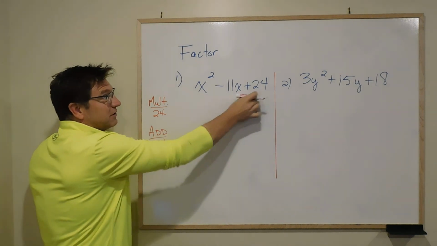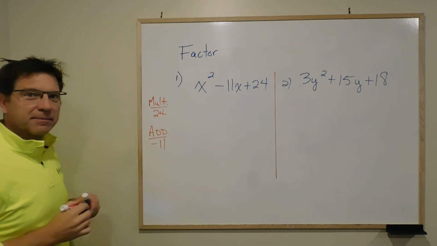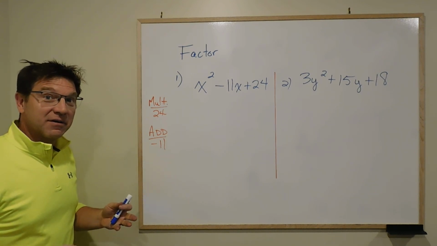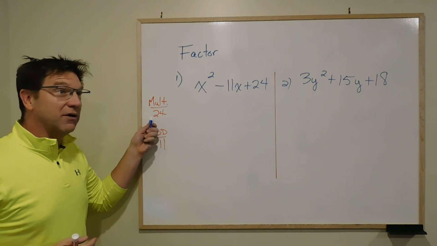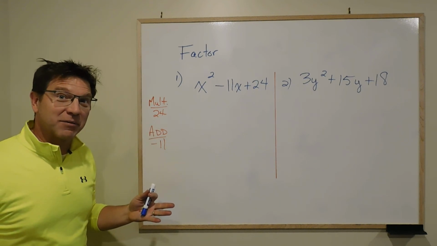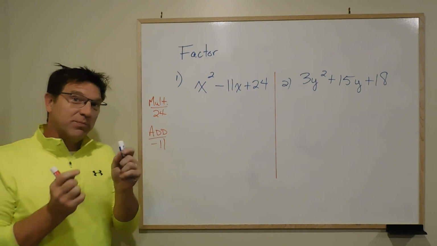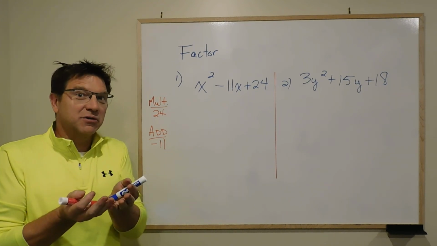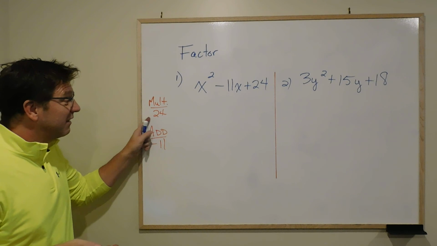Signs are important, plus 24 and negative 11. If something is going to add to a negative and multiply to a positive, it's going to have to be two negative numbers, right? Because any two positive numbers that multiply to a positive are going to add to a positive. So we're looking for two negative numbers.